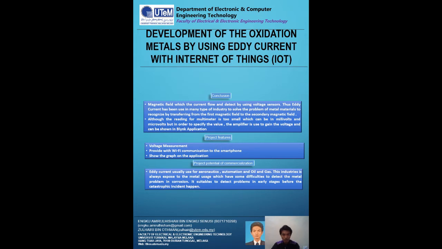Although nowadays the coating for each metal is used to prevent rusting for short terms because of stress on environment, in the meantime, periodic inspection is important to prevent catastrophic incident happen.